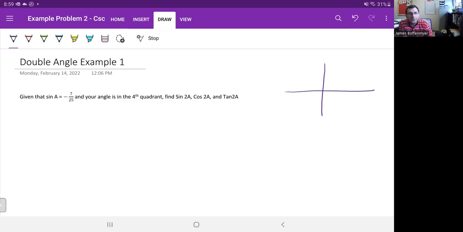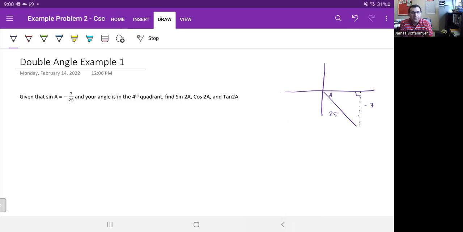All right. So the angle is in the fourth quadrant. And the sine is negative 7/25, which means your opposite side is negative 7. Your hypotenuse is 25. And always make sure we have a 90-degree angle.